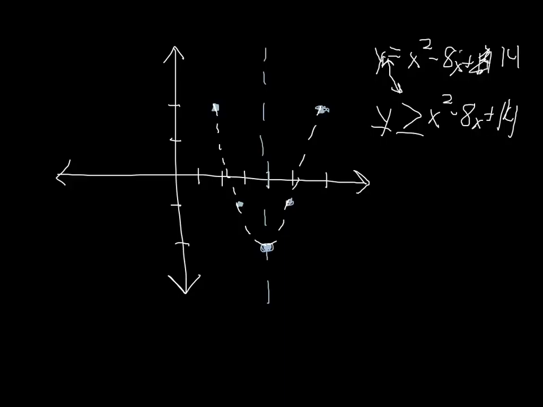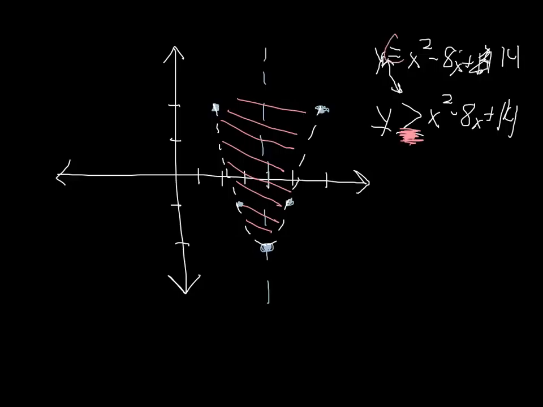Since y is greater than, I want to shade in areas that are greater than this. So this would be what my graph looks like. Nice and shaded in, shading in above the parabola because y is greater than, and it's dotted lines because y is not equal to. So let's see some more examples like that.